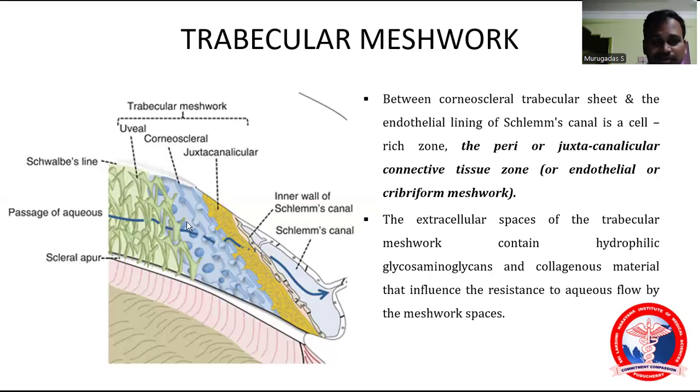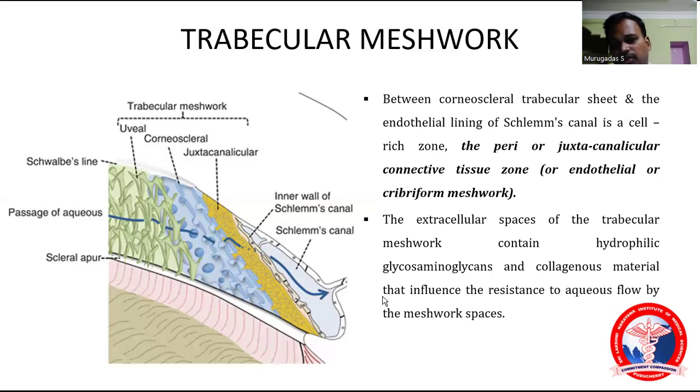This blue colored layer is the corneoscleral trabecular meshwork sheet, and this yellow colored area is called the juxtacanalicular zone.